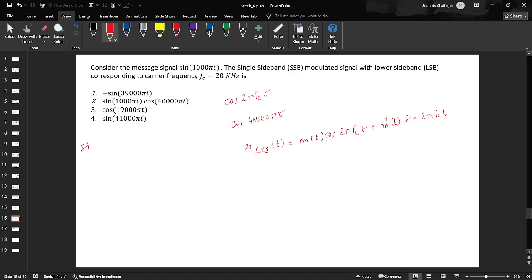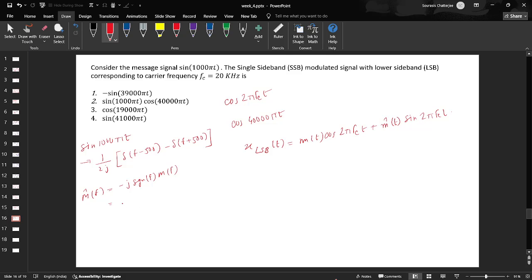Now let us pick our message signal sin(1000πt). If I take the Fourier transform, it is going to be 1 over 2j [δ(f−500) − δ(f+500)], and the Hilbert transform version m hat(f) is going to be −j sgn(f) times M(f), right?